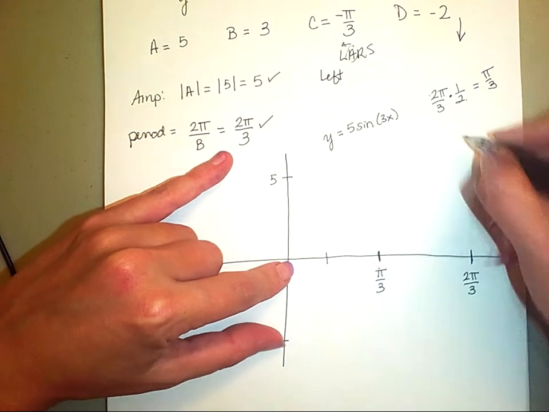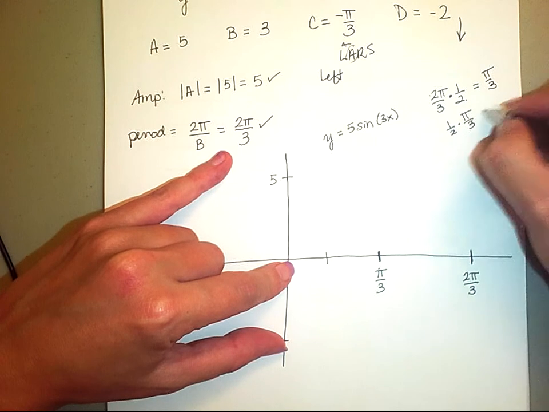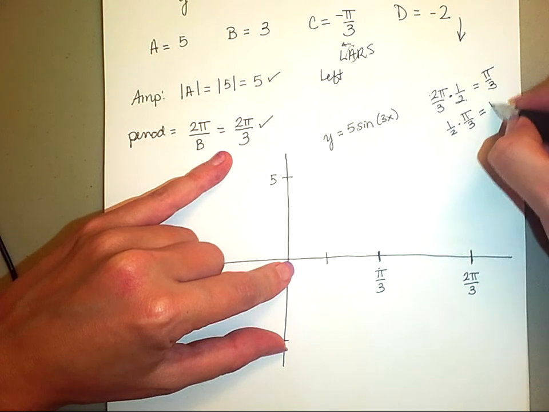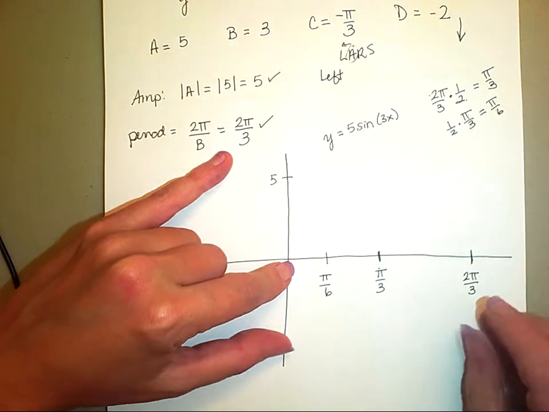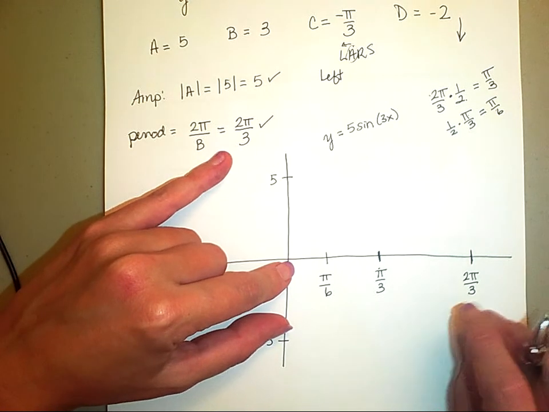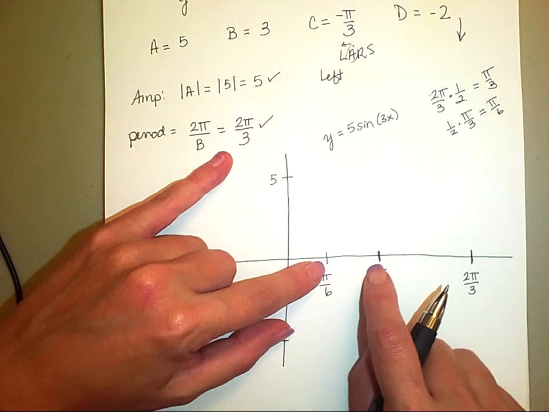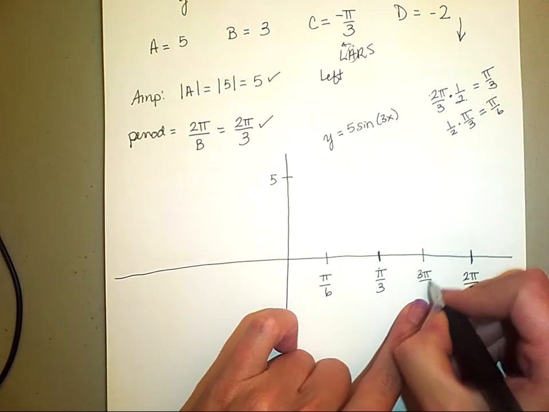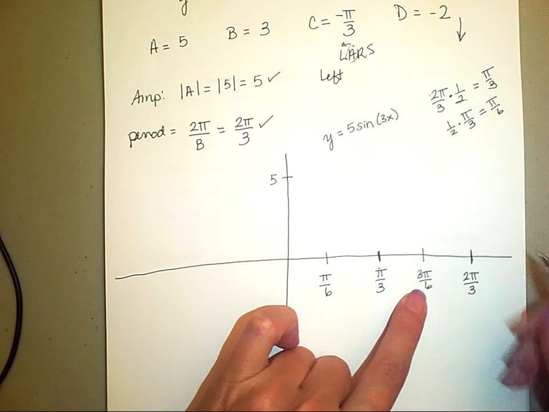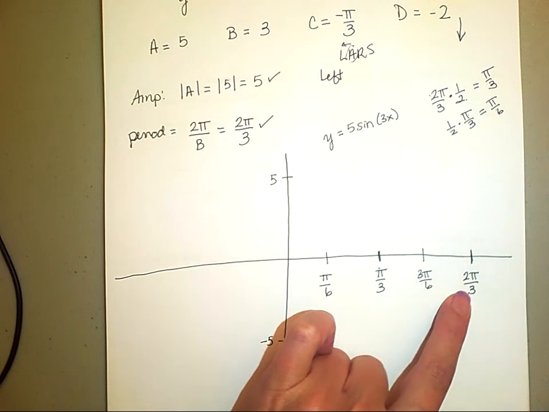So what is 1/2 of pi over 3? By multiplying fractions, that's just pi over 6. And now I can count this out. If this distance is 1 pi over 6, this is 2 pi's over 6. Half of that is 3 pi's over 6, which is just pi over 2. And then this is 4 pi's over 6, which is 2 pi over 3. So we're good there.